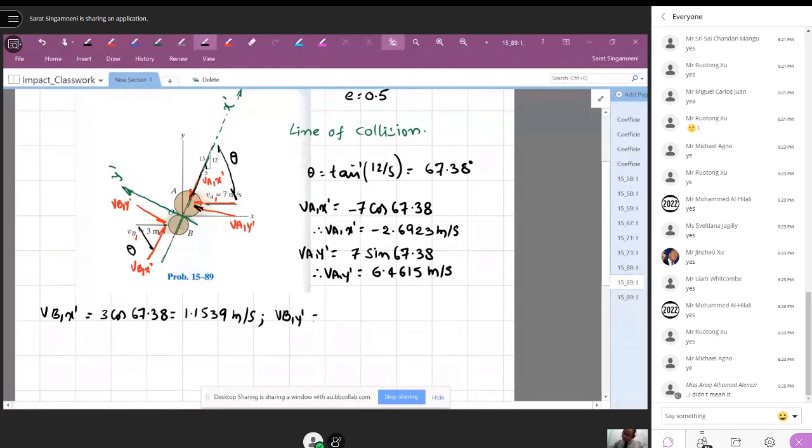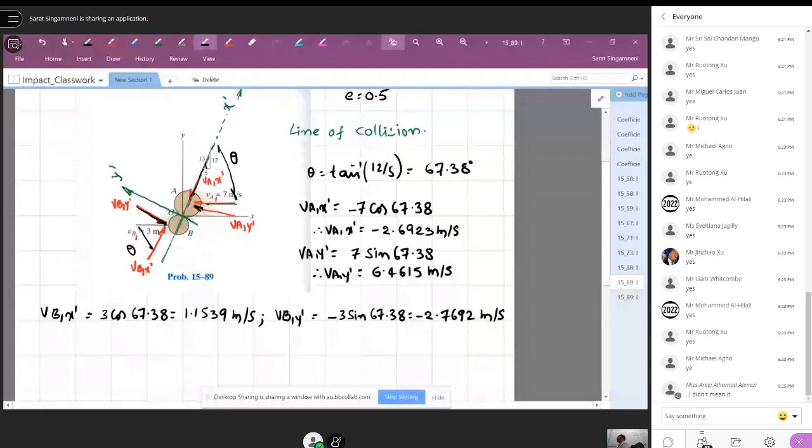And similarly, VB1 y dash, which is this component, will be sine of that angle, but that is towards the negative y. We take it as negative: minus three times sine 67.38, which is minus 2.7692 meter per second.